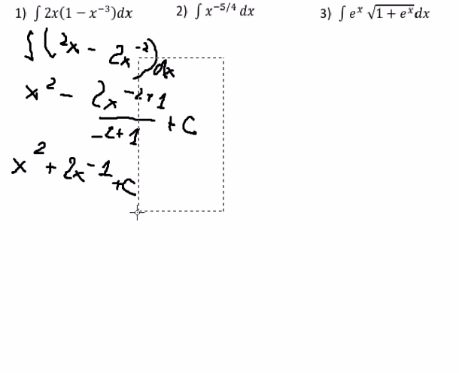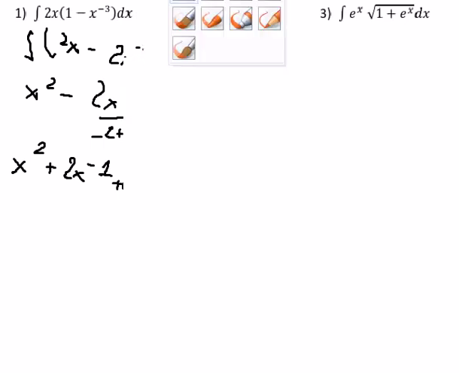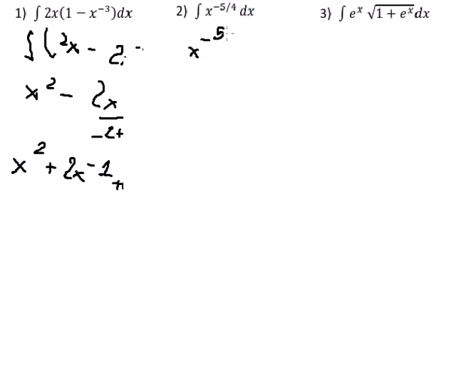Now let's go to the second one. About this one, we get x to the power of negative 5 over 4 plus 1 over negative 5 over 4 plus 1, and we put c as the constant.